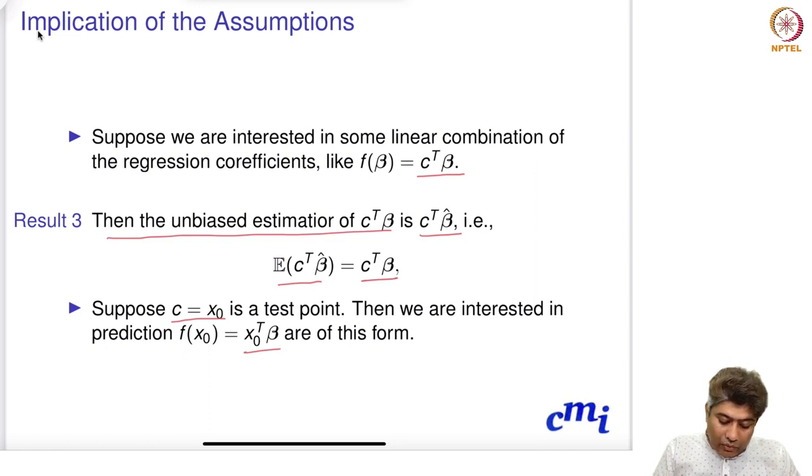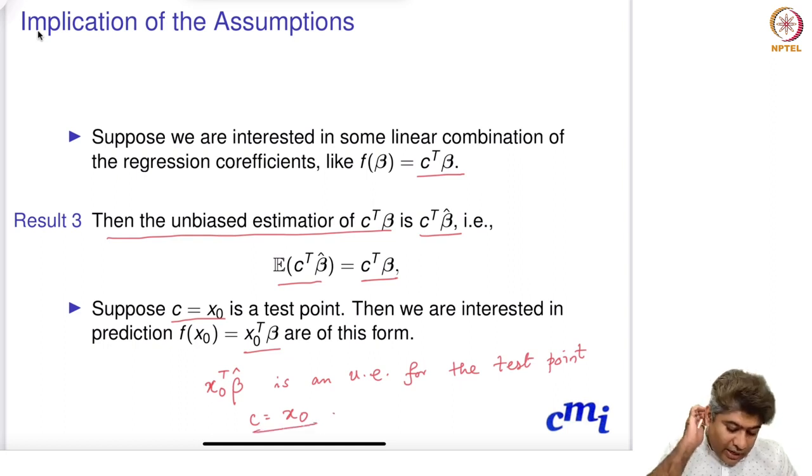So all I have to do is x naught transpose beta hat, which is an unbiased estimator for the test point C equal to x naught. So this is an interesting finding that we got.